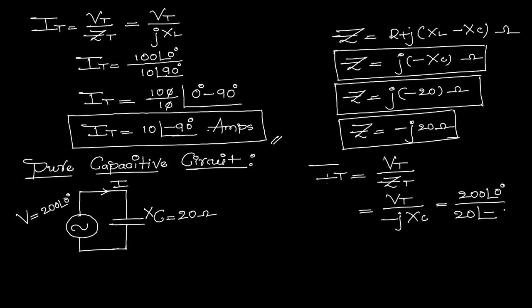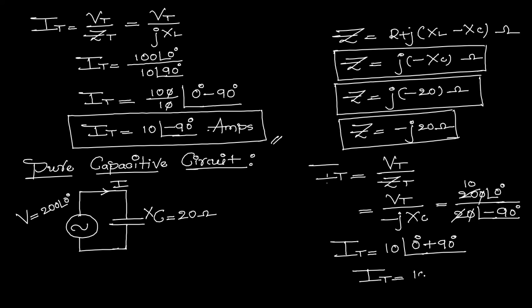Here minus j means minus 90 degrees I am directly taking. Now total current IT is equal to, so 0 gets cancelled and 200 divided by 20 is 10, so you will get 10 having an angle of 0 degree. This angle is in the denominator, when it comes to the numerator it will become plus. So here total current IT is equal to 10 having an angle of plus 90 degrees. So this is in amperes.